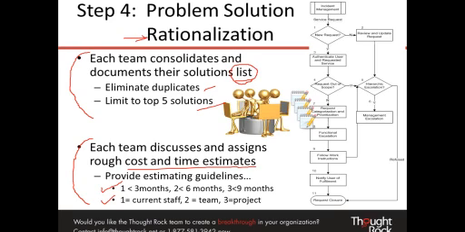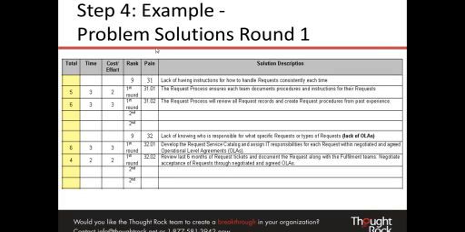So in my example here in the slides, here I have my top ranking pain. And when I did my brainstorming, you notice here I put in round 1. So we've come up with two suggestions here to deal with having a lack of instructions for how to handle requests.